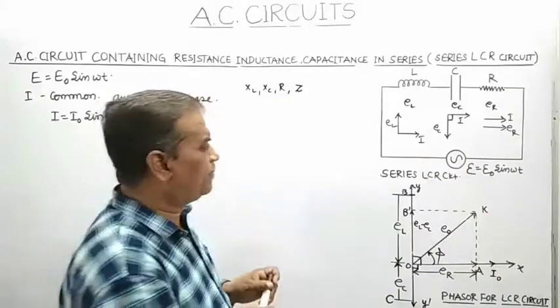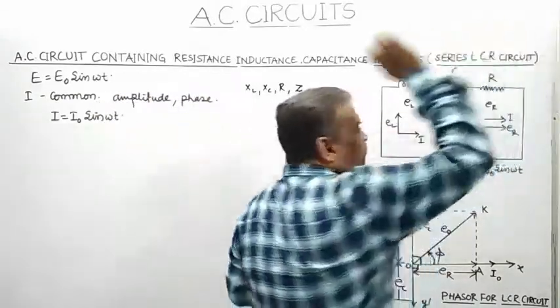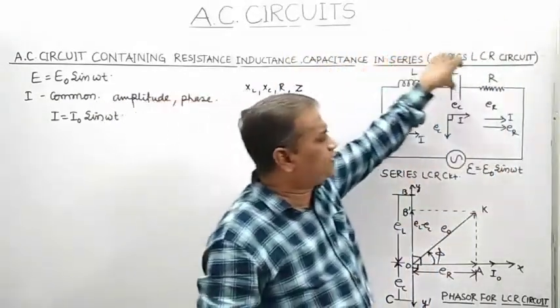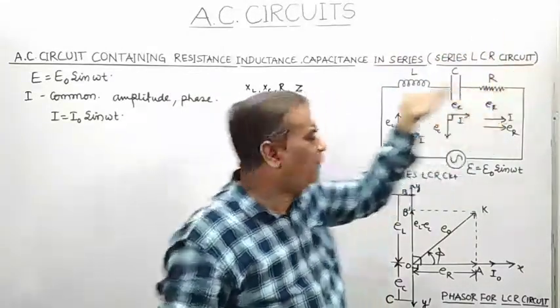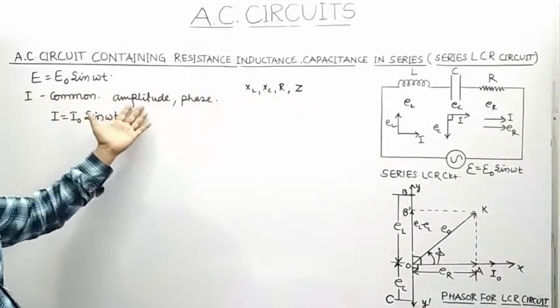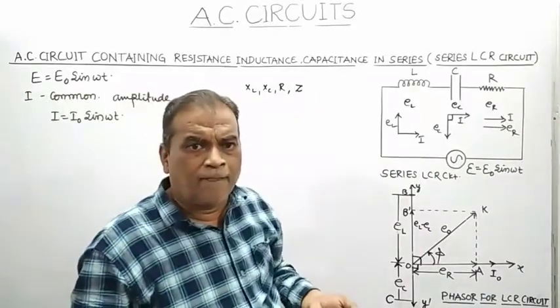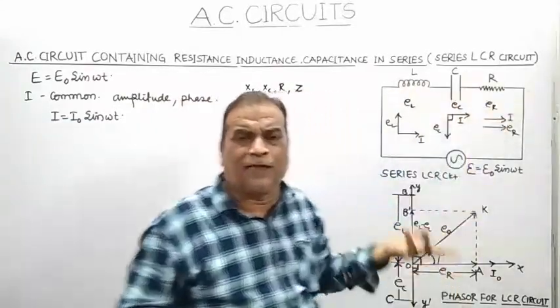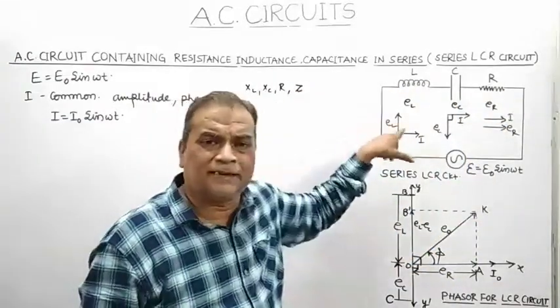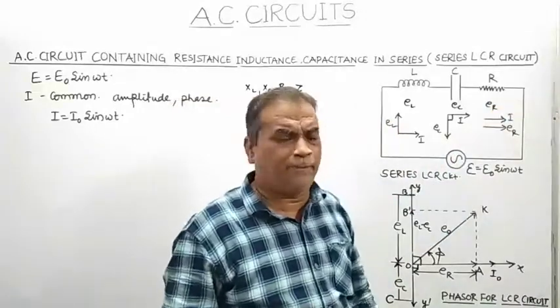See what I am saying. Even though the current flowing through L, C and R is the same, with the same amplitude and the same phase, the voltage across the inductor, capacitor and resistor will have different phase relationships with the current flowing through them.